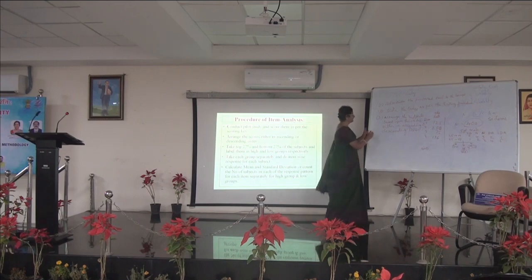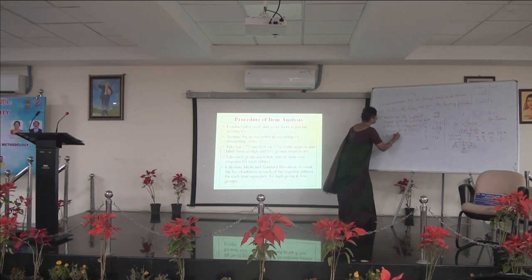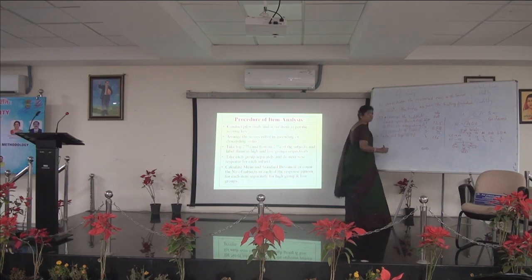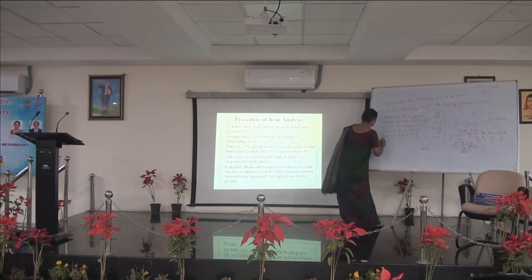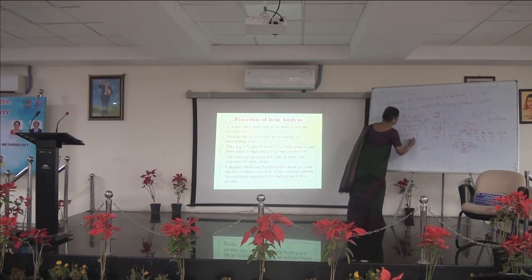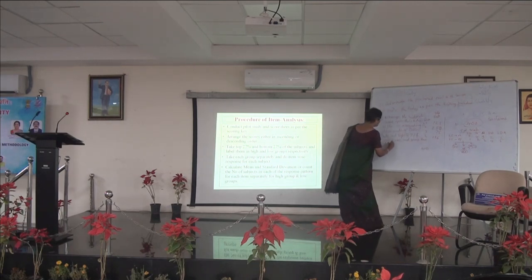And take out the top 27% of units or cases or sampling units, like that you call anything. 27% of cases, and group them as top group or high group.